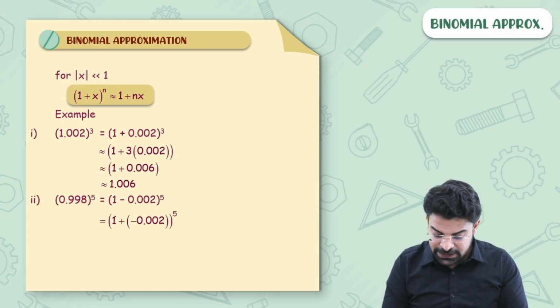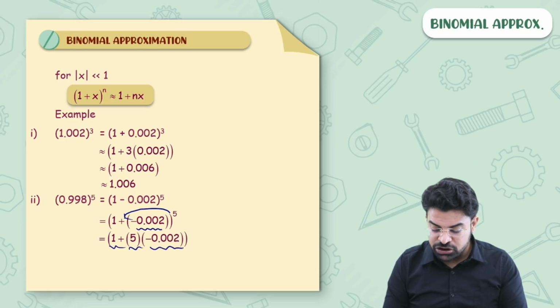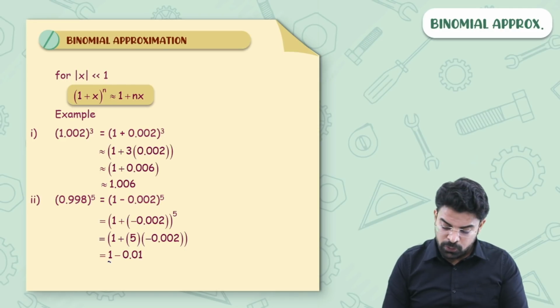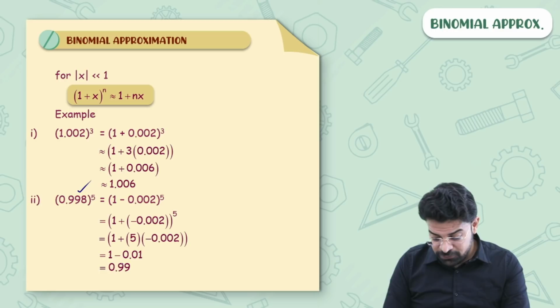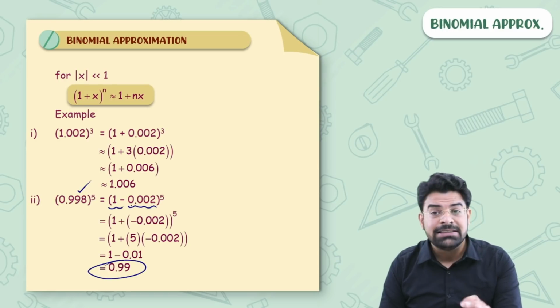So you can write this as 1 plus minus 0.002 raised to power of 5. Bring the n and multiply it with x. So you get 1 plus 5 times minus 0.002. That becomes 1 minus 0.01. Do 0.002 into 5, what you get is 0.01. So 1 minus 0.01 gives me 0.99. Take out your calculator, calculate it, and you will find that this is a really good approximation as the magnitude of x is less than 1.